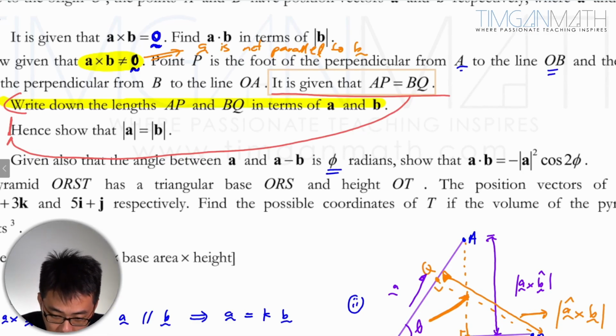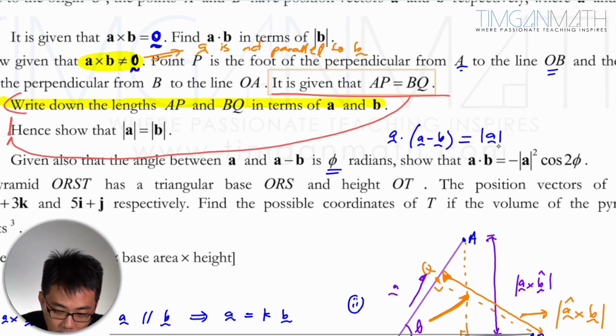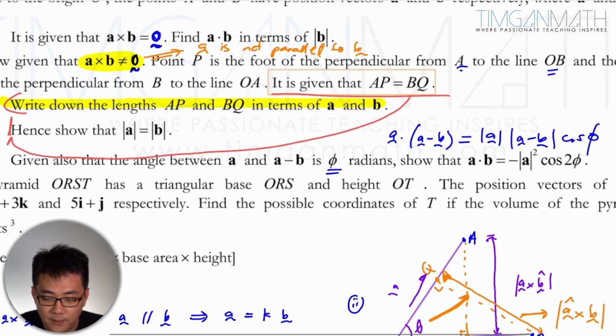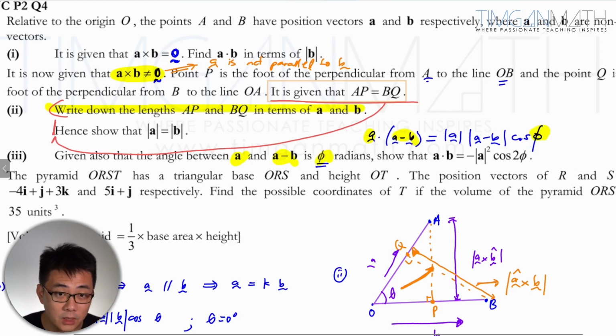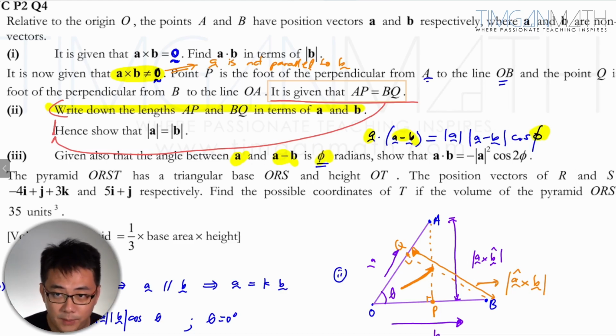When you use your dot product and you use this angle here, the first thing you must establish is that this should be mod A minus B cosine phi. Any issue there? When you take these two vectors and dot them, the angle here should be the angle between the two vectors, whatever vectors they may be. So this is the equation.